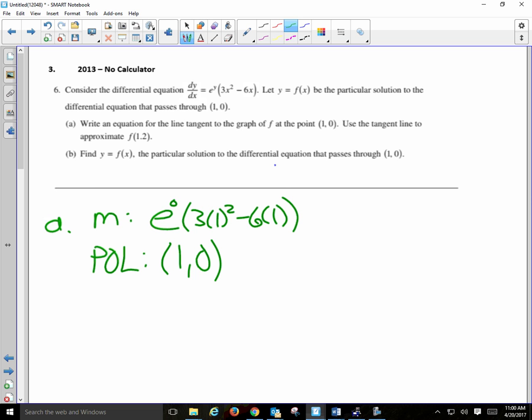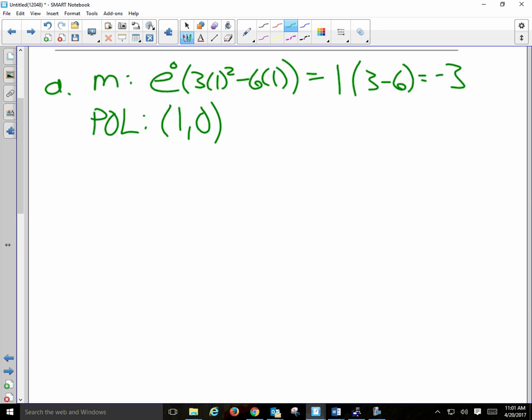So all I did is I used my function, and I get that. What's e to the 0? Times. So my slope is -3. My point on my line is 1, 0. So I have y is equal to -3 times x minus 1, or y is equal to -3x plus 3.